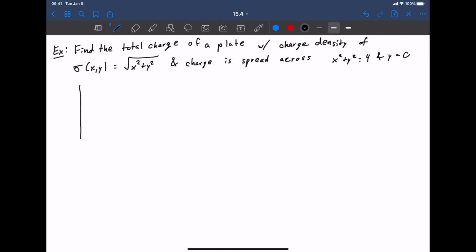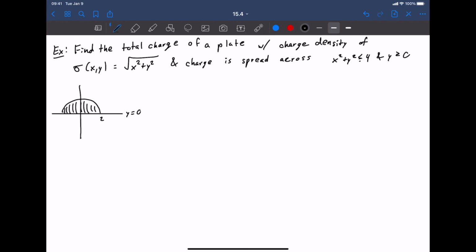So we're just talking about the shape of this plate is the half circle, x squared plus y squared equals 4, and y equals 0 is this line. I guess these should have been inequalities. So x squared plus y squared less than or equal to 4, y greater than or equal to 0. That's the disk I'm talking about.